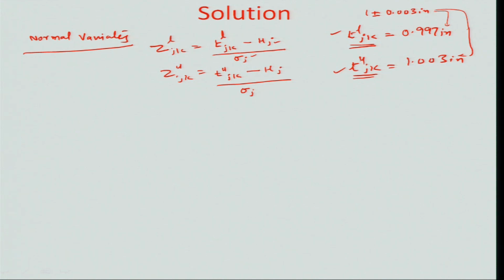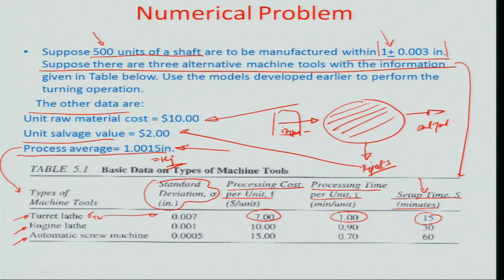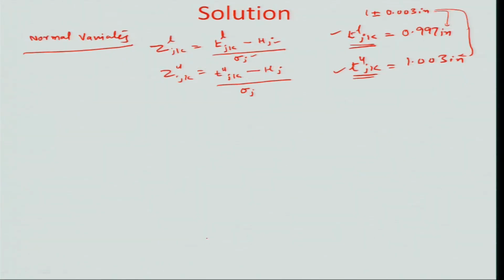So obviously we need to calculate the standard deviation recorded for the different systems in question, which are given in this particular table. We can then calculate the z variate values given all this information, and make a z upper for the jth process as the upper tolerance, 1.003 inches.